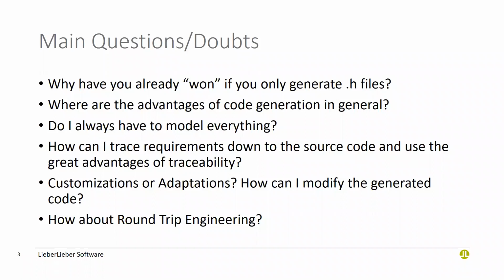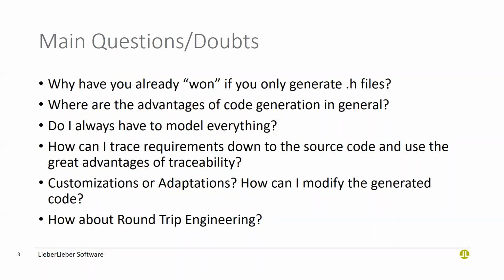What are some of the advantages of code generation on a wider scope is one of the topics we're going to cover. Do I always have to model everything is also a very good question, because in some tools you really have to bring your full solution into the model. In our case, we have more flexible approaches to do that. How can I trace the requirements down? This is also one of the key questions around all this topic, how to span your traceability from the ALM tools to your source code.